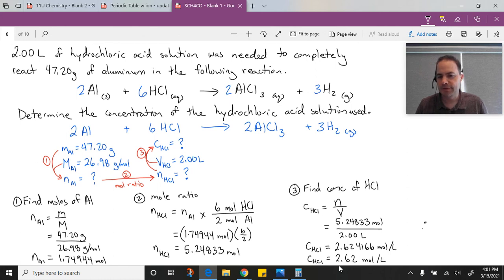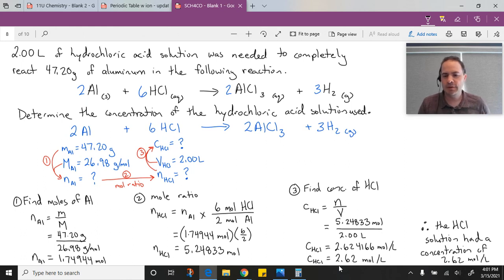We can finish it off with a statement. Therefore, the HCl solution had a concentration of 2.62 moles per liter.